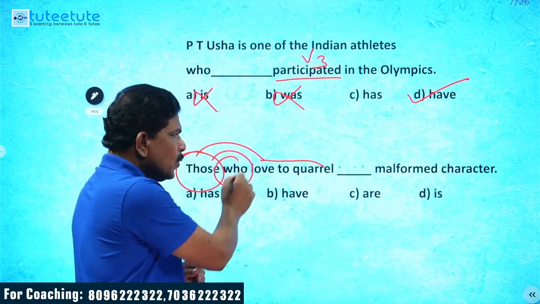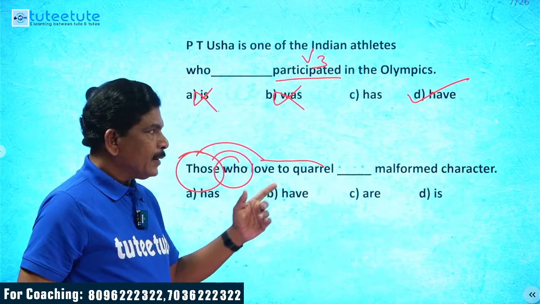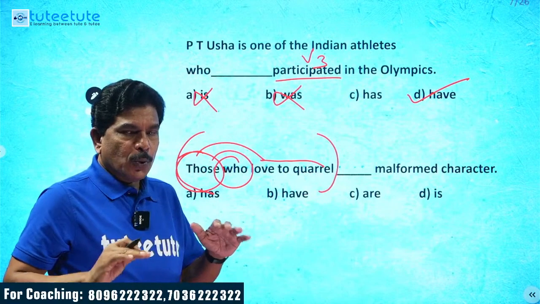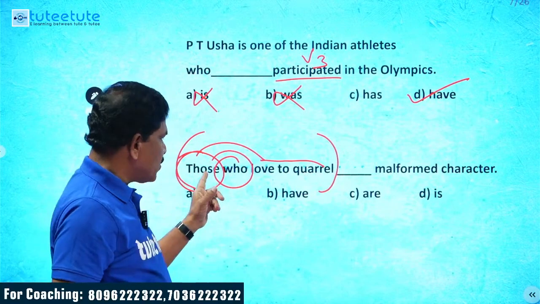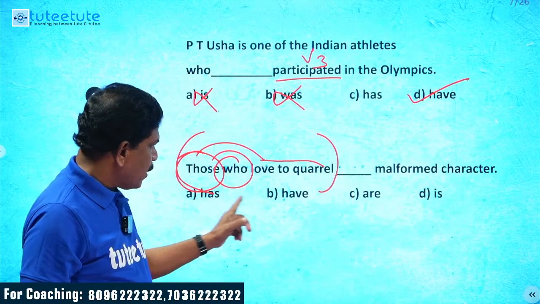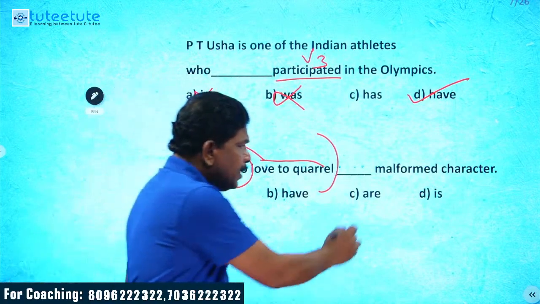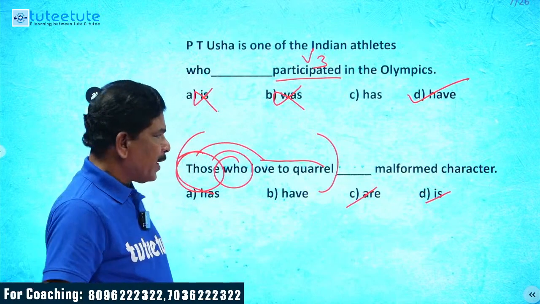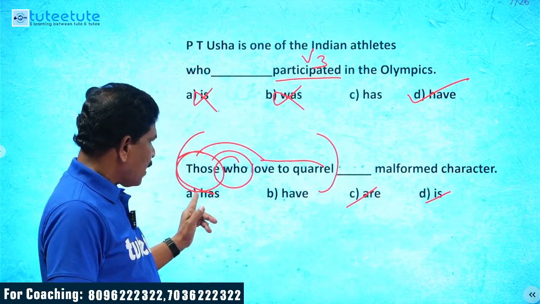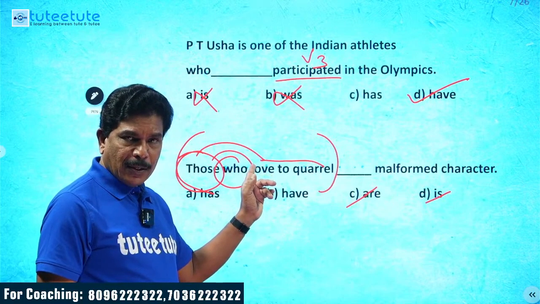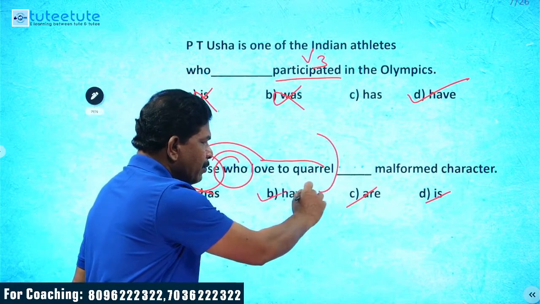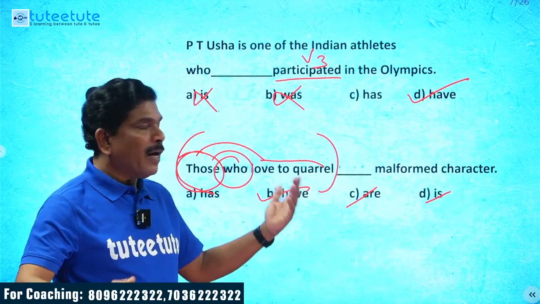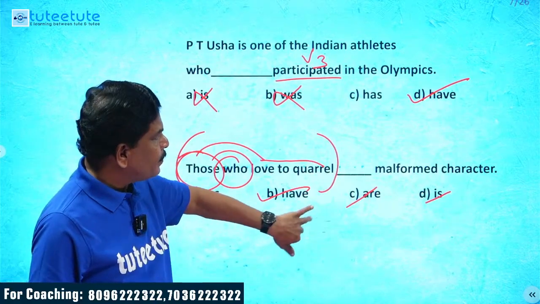Then those who love to quarrel, together taken as, those is plural. Therefore, has, have. Then are and is are visibly wrong. We have eliminated them, and has and have remain. This is clearly plural. Therefore, we choose have. Those who love to quarrel have malformed character.